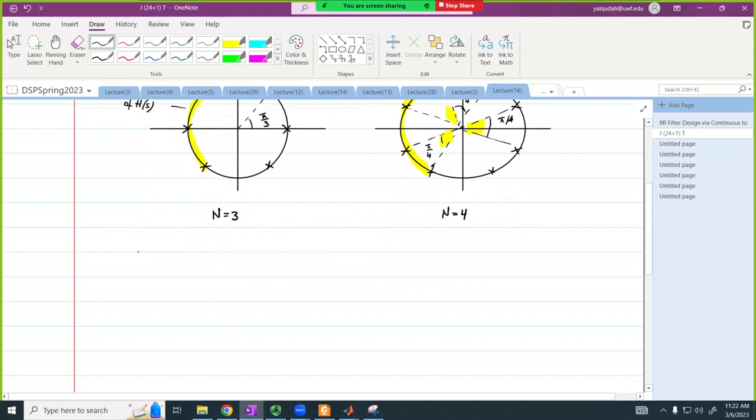Now, since we know that HC of s is causal, its poles are the poles of HC of s squared that are in the left half plane.